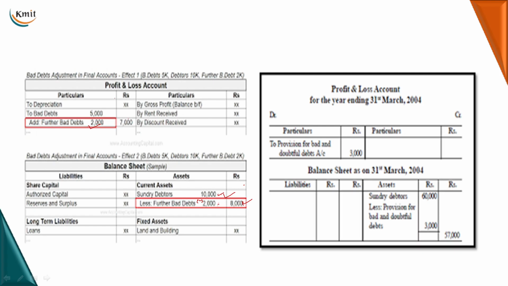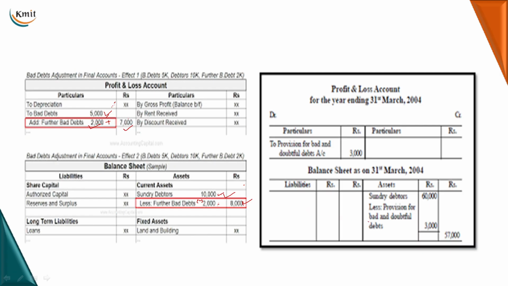Suppose bad debts of 5,000 are already standing over here, to that another 2,000 will be added, and together the total amount that the firm is sure it is not going to recover, and is considering as a loss for the firm. So the bad debts total will be 7,000. Right? This is one case of making an adjustment pertaining to bad debts.